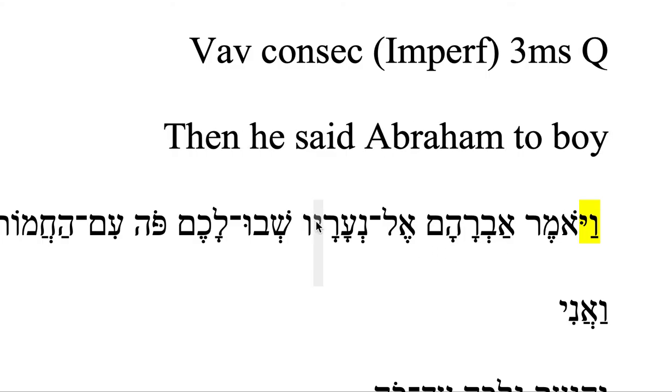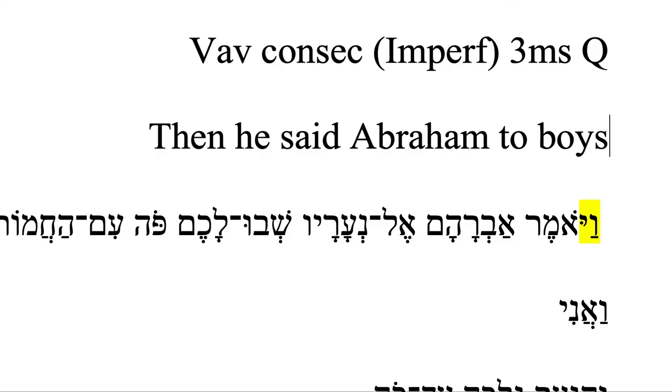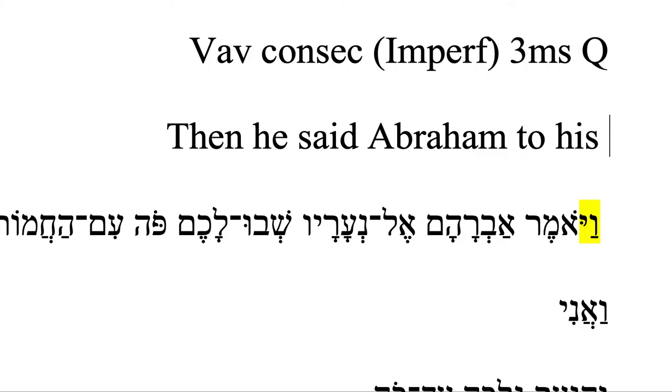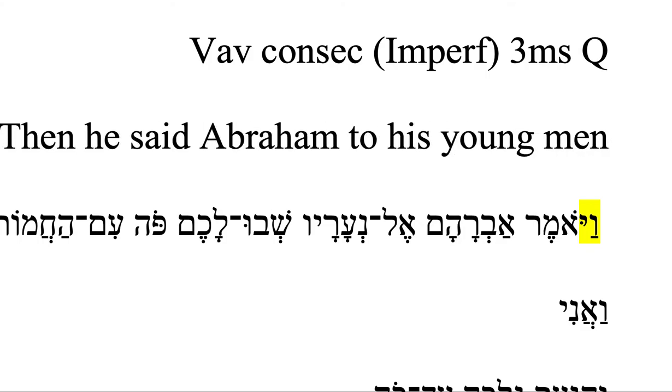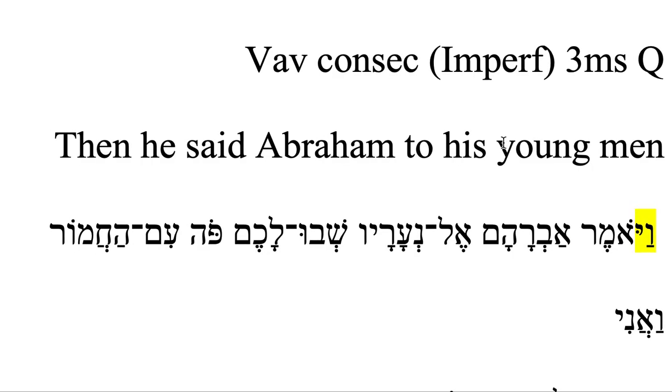And we have a yod, so it's plural, boys. And we have a vav, and that is a 3ms suffix. So to his boys, or you can say young men, teenagers. So then he said, Abraham, to his young men.